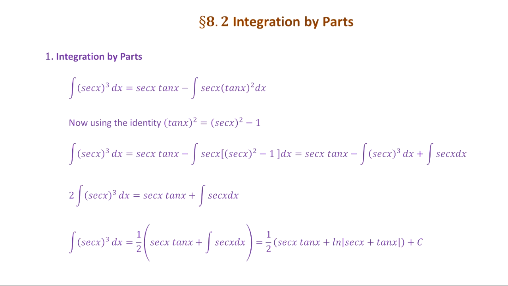Divide by 2, and you get the answer: the integral of secant x cubed equals half of secant x tangent x plus the integral of secant x. The integral of secant x you can find from the formula in the book. That's just the natural log of the absolute value of secant x plus tangent x. So at the end, the answer is half of secant x tangent x plus the ln of the absolute value of secant x plus tangent x, plus c.